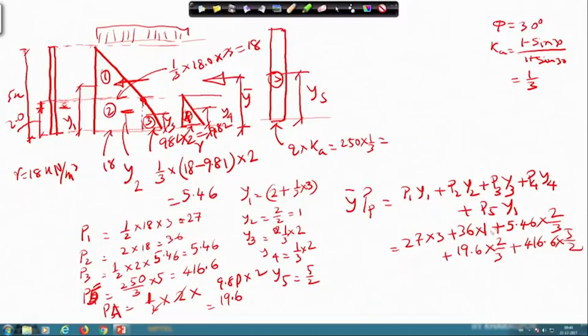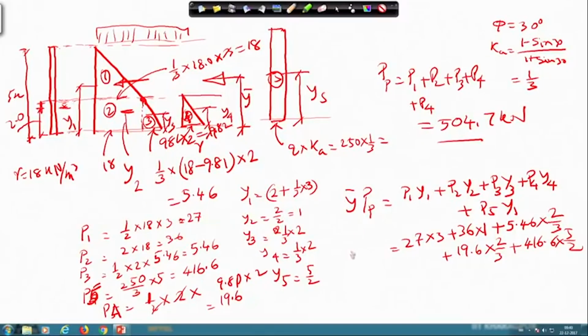Now, PP, which I have already got, is equal to P1 plus P2 plus P3 plus P4 plus P5, and that gives 504.7 kilonewton.